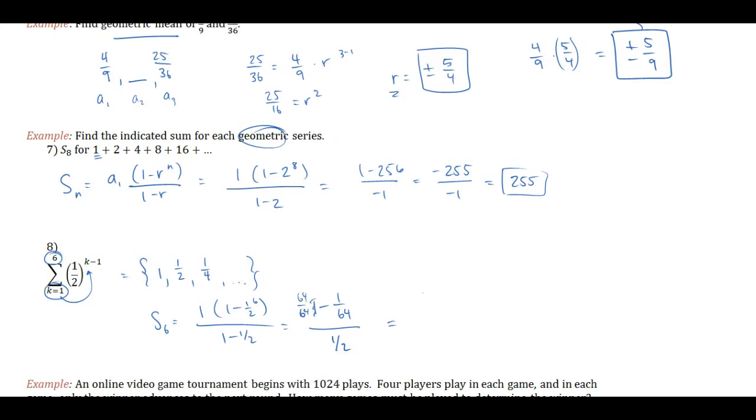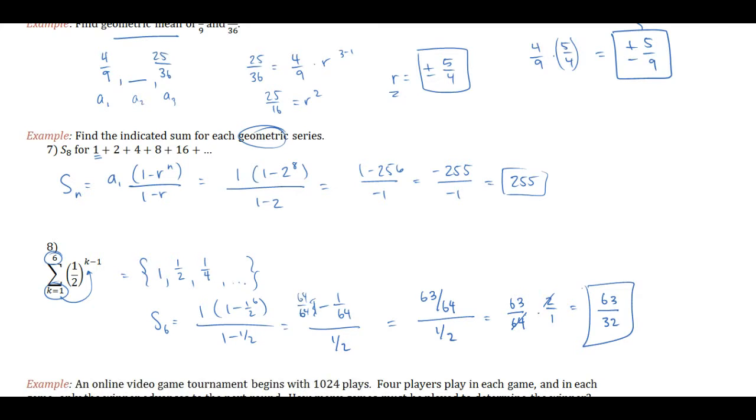And I have 63 over 64 over 1/2. So if I do complex fraction, copy the top, change it to dot, and flip the denominator. Half of 64, 32. So I have 63 over 32 as my final answer.